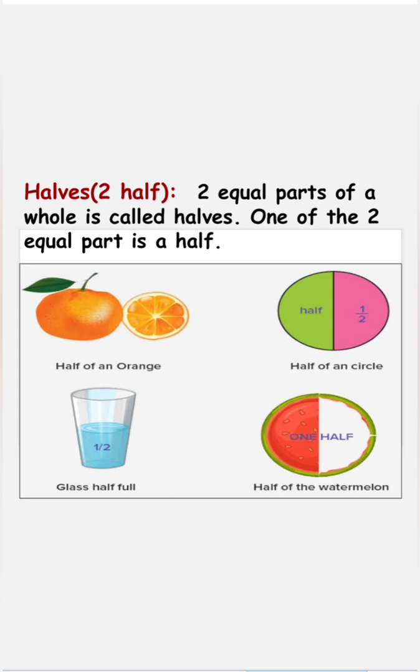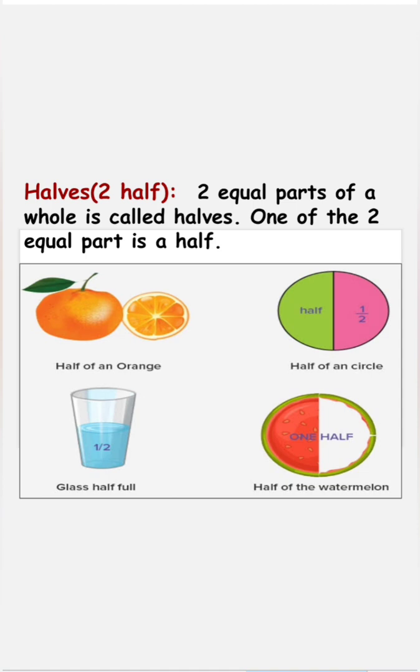Half. Now what is half? You already know it, correct? When we make 2 equal parts of something, or when we cut into 2 equal parts, that is called half. Now children, you have to understand, when we cut the object in 2 parts, that doesn't always make half.